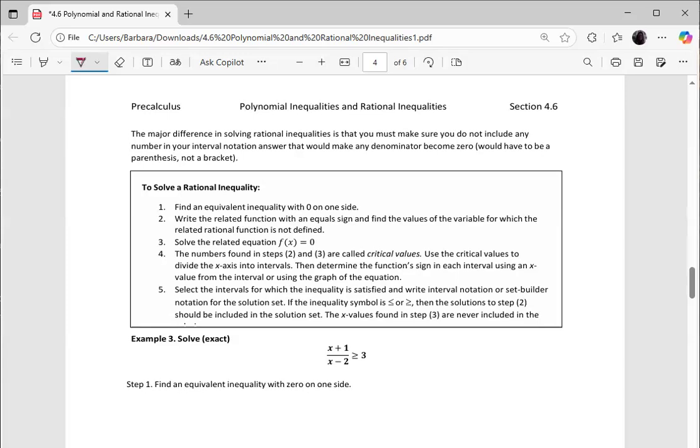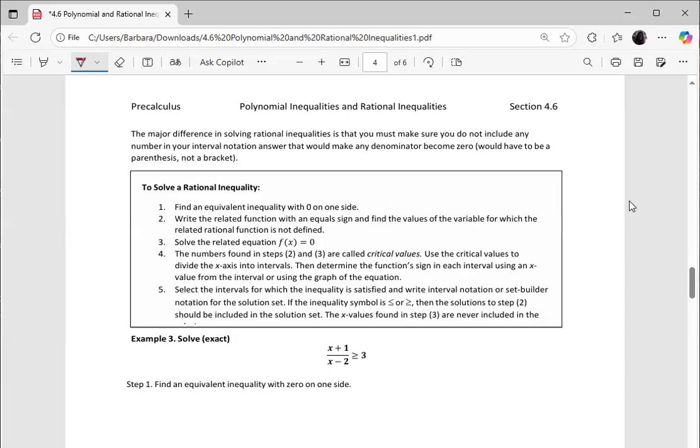So the steps to solve a rational inequality are: 1, find an equivalent inequality with 0 on one side. 2, write the related function with an equal sign, and then find the values of the variable for which the related rational function is not defined. In step 3, solve f of x equals 0.